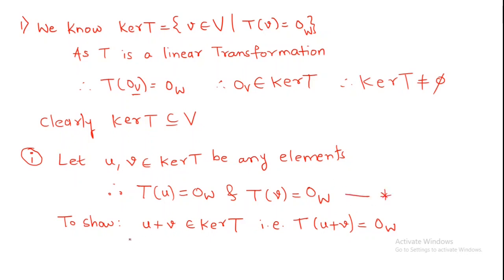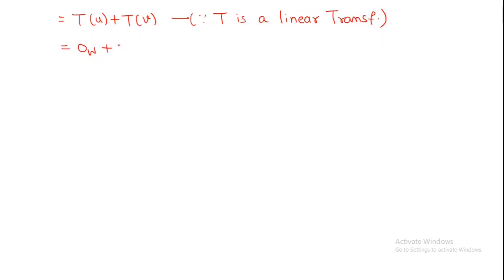This will be needed later on. So I will say consider LHS, that is nothing but T of u plus v. But T is a linear transformation, so therefore this is equal to T of u plus T of v. Since T is a linear transformation, so therefore this is equal to 0 of W plus 0 of W. This is from star, right?